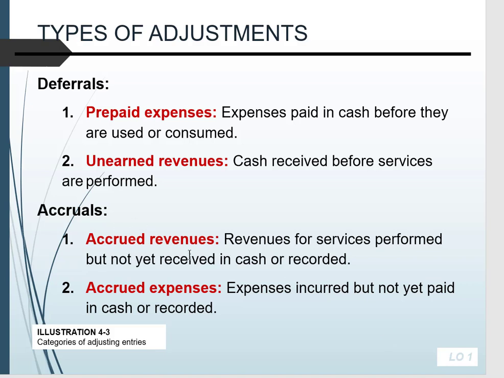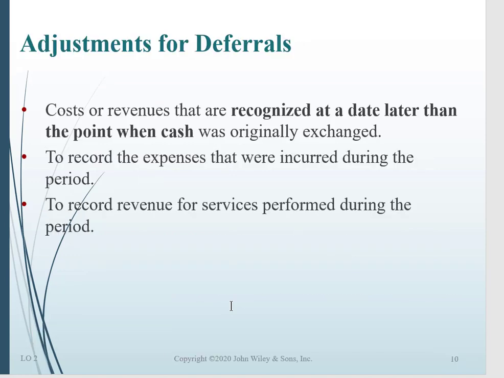Accruals, we can have accrued revenues. This is where we perform the service, but we didn't have the cash yet. And accrued expenses, the expense has been incurred, but yet we haven't paid it in cash yet. So we have to adjust for that.